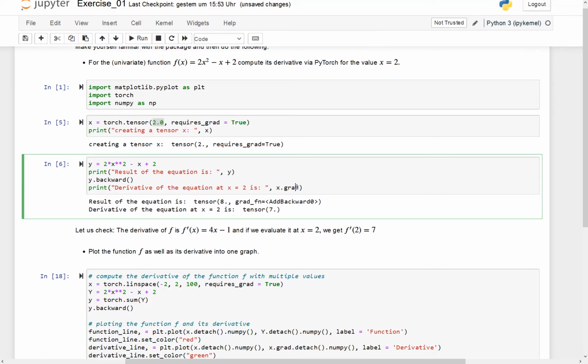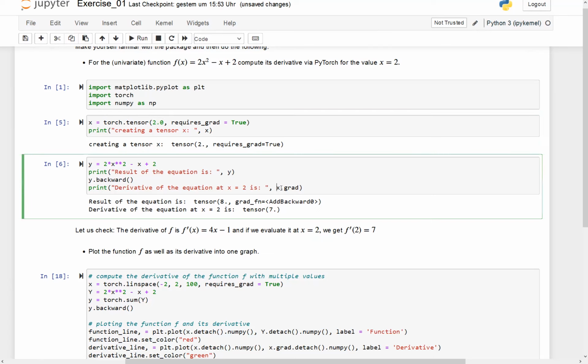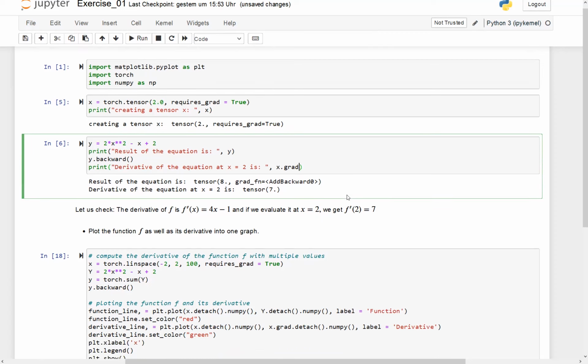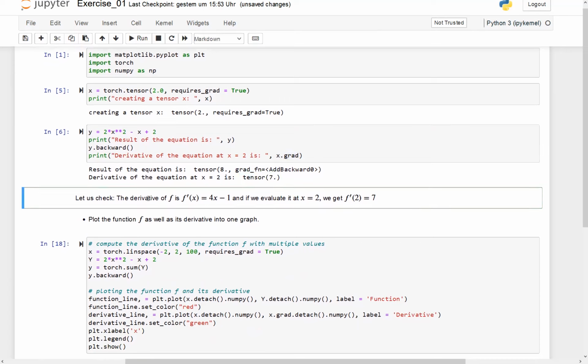It will be stored back to the x, the tensor we started with, in the grad variable of the tensor, which we can pull out, and the result will be 7.